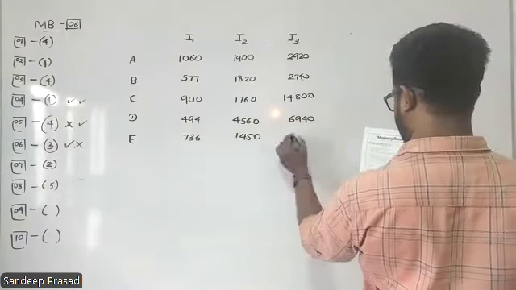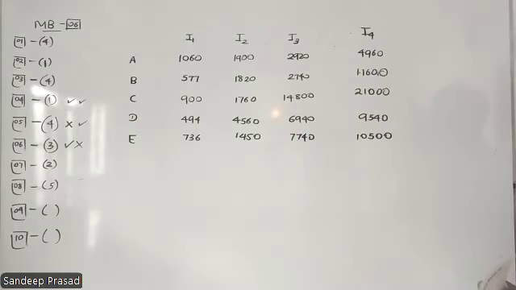Students, now I1, I2, I3, I4 for 5 elements A, B, C, D, E. They have given like this.